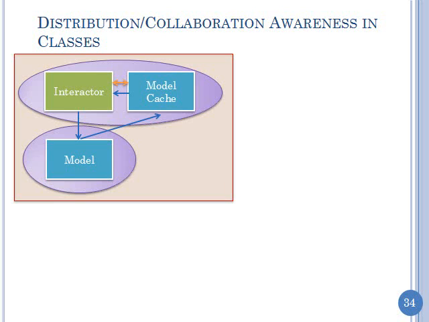So we have to do 2 things when the model changes: update the interactor, and update the model cache. In my first architecture picture, we didn't need the cache object. But in this picture, we do, because I made it so that we could have performance.